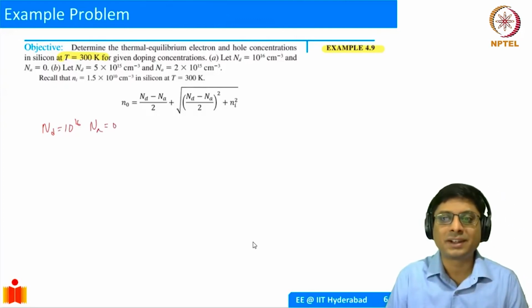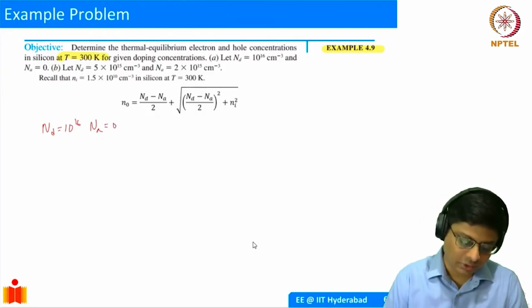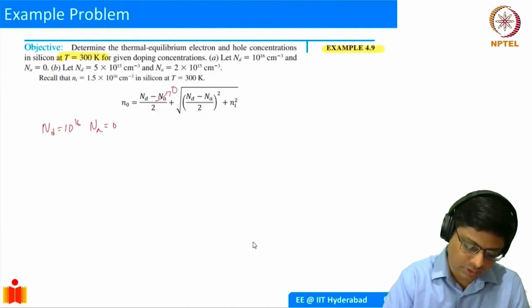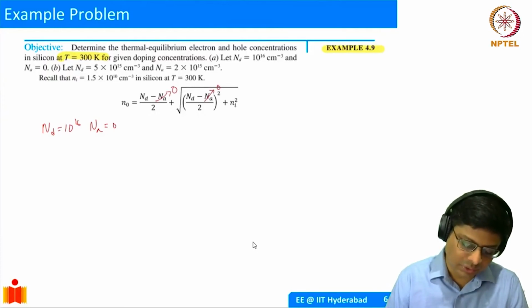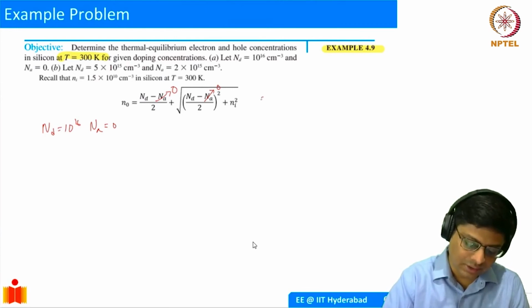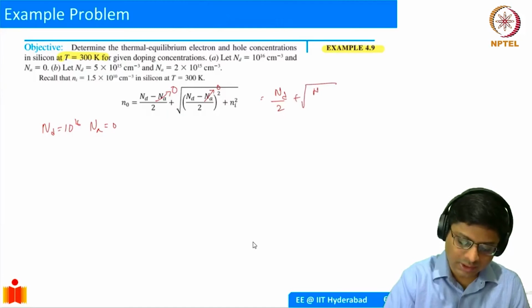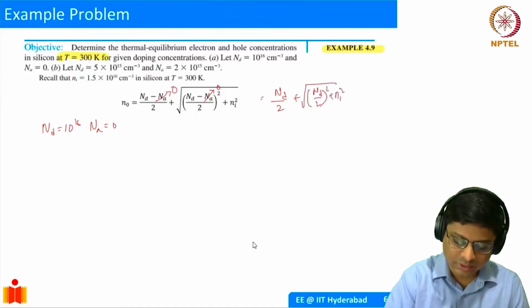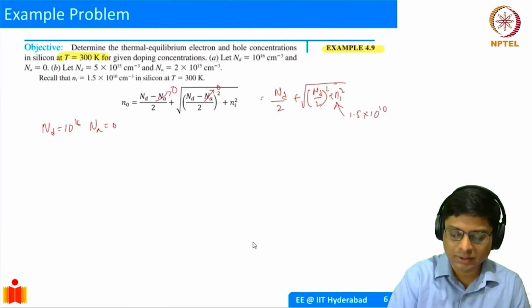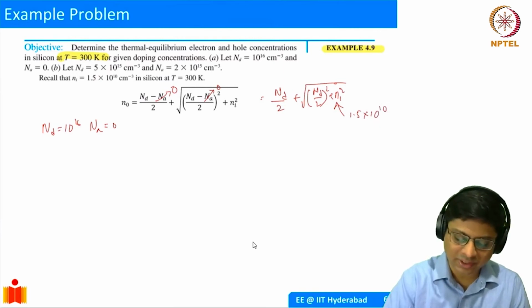If your Nd is 10 power 16 and Na is 0, so basically this goes to 0, this goes to 0, and so you have essentially Nd by 2 plus square root of (Nd by 2) whole square plus Ni square. And remember, this Ni square is going to be quite small. It's 1.5 into 10 power 10, compared to Nd, which is 10 power 16, right? So you can neglect the Ni square.